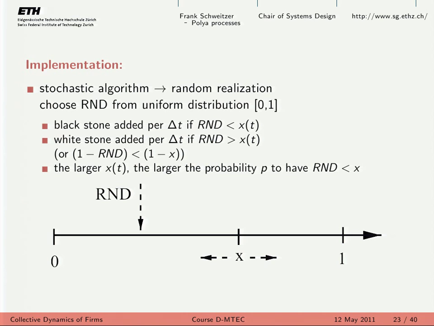Then, of course, the probability of choosing a random number that is smaller than x is decreasing all the time. Why is it decreasing? Because the x is decreasing, and the x represents the fraction of the black balls in the system, right? And then, of course, there is nothing left, and the probability to choose a white ball is increasing all the time because this is much larger. Yeah, you got the point.